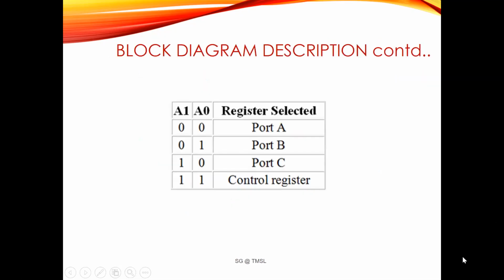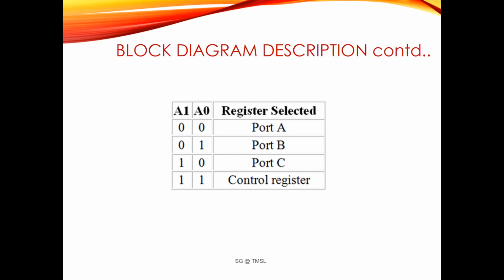Now to identify the four registers, the 8255 uses two address lines, A0 and A1. These lines get their signals from the 8085, as I have told you earlier. The 8085 address bus lines A0 and A1 are directly connected with the A0 and A1 lines of the 8255 PPI.